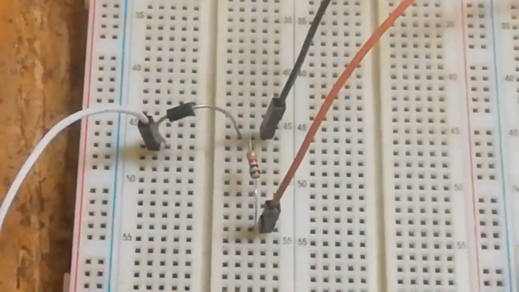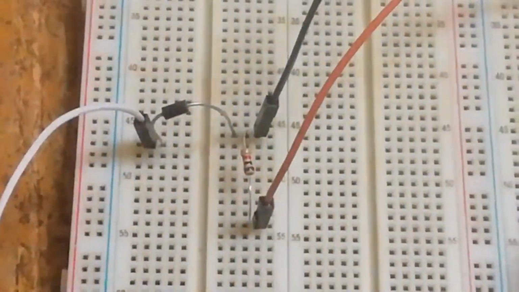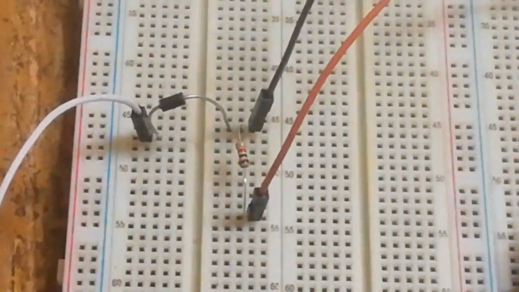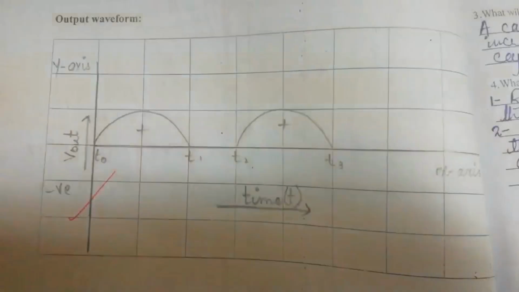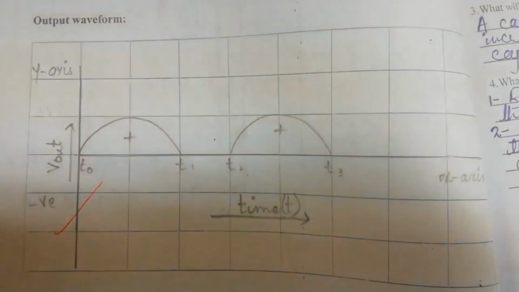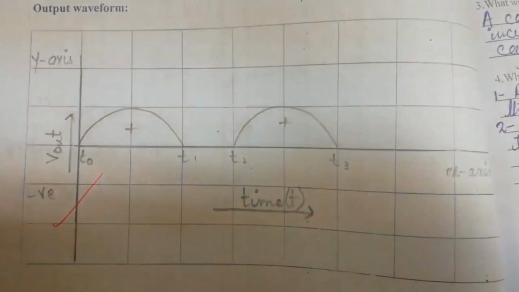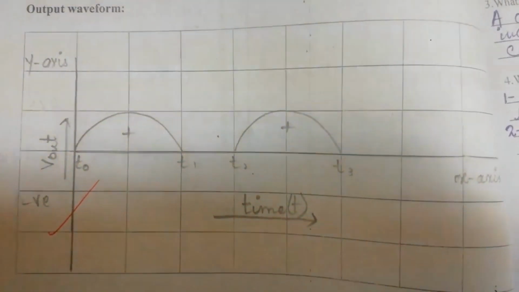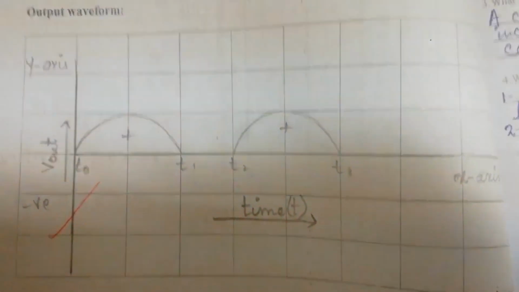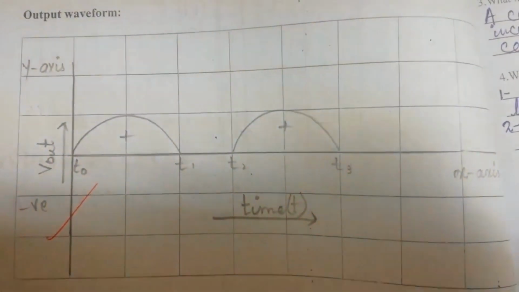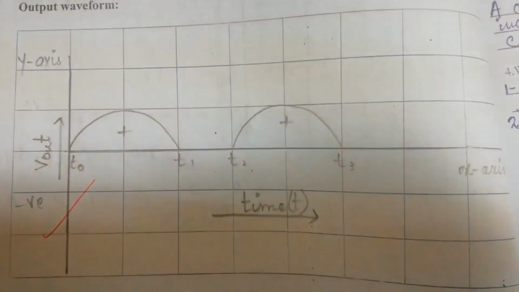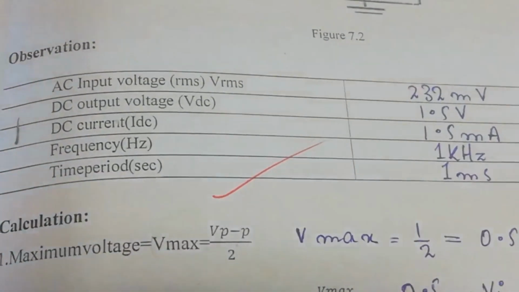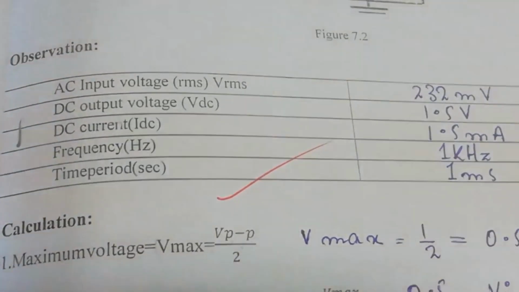Now after making these connections, an output waveform will appear on the oscilloscope. After making all those connections and pressing the auto set button on the oscilloscope, you will get an output waveform like this. Again you will press that measure button on the oscilloscope for observing these required parameters.